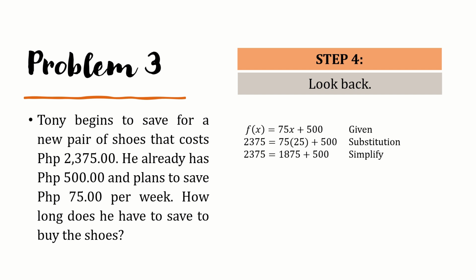And 1,875 plus 500 is equal to 2,375. It's clear that 2,375 is equal to 2,375. Hence, Tony needs to save for 25 weeks.